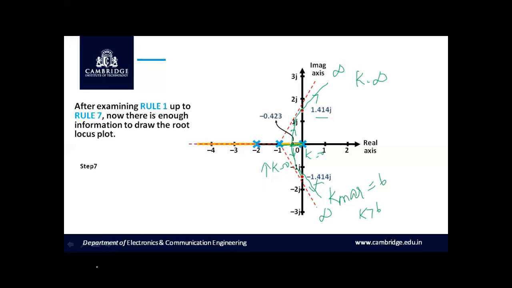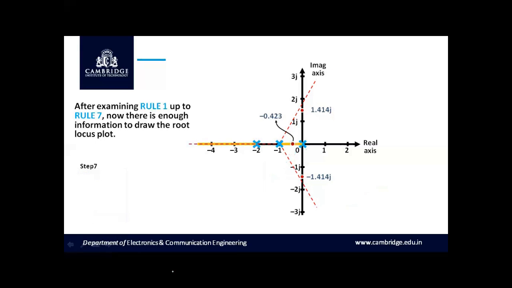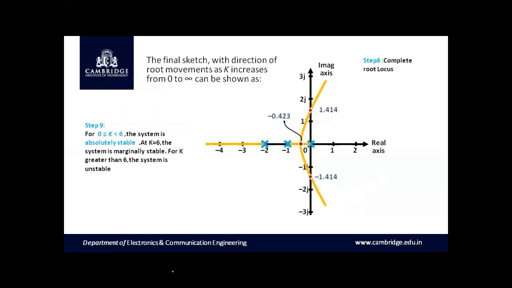And this shows the complete plot. Let me show you the proper sketch of it. It is shown here how the branches are emerging and reaching infinity, indicated with arrow marks. This is the complete root locus, showing the movement of the poles branching here and emerging here, and for the other pole the second branch and the third branch.